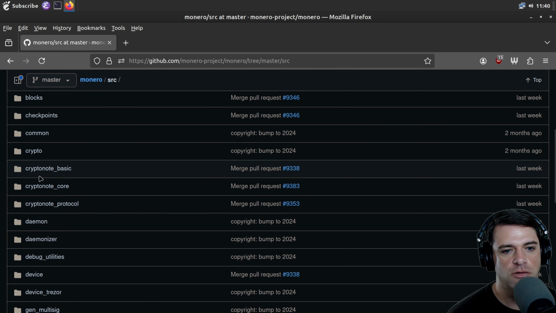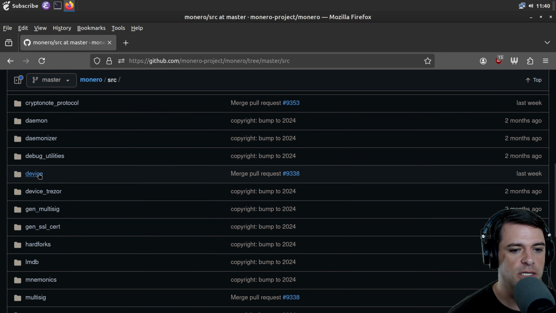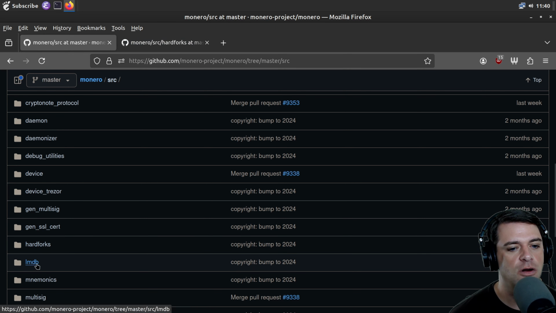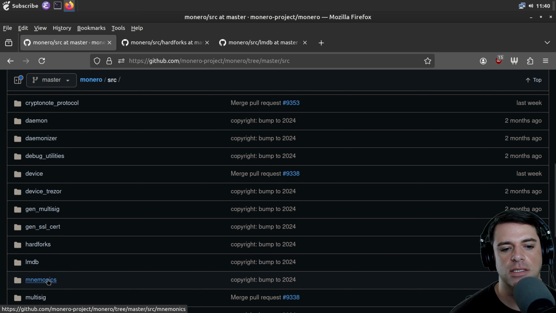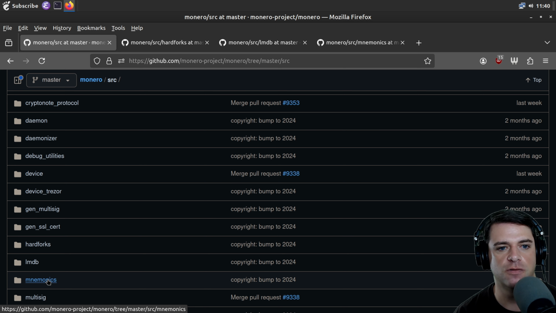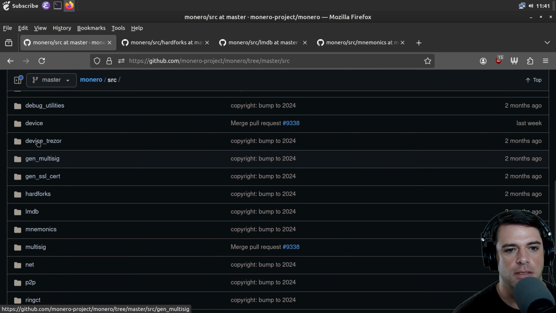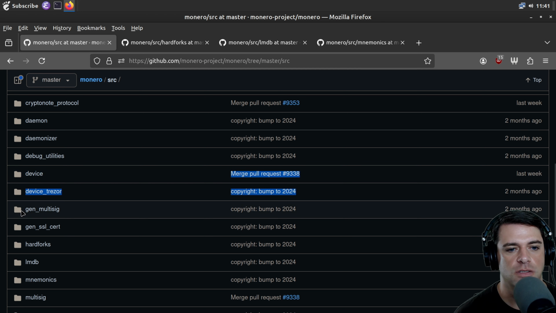We have cryptonote basic, the daemon, the daemonizer, which I guess makes you into a daemon. Hard forks. How do we have multiple hard forks? I don't know. LMDB, some kind of DB, I don't know. Mnemonics, that might be for password recovery, since cryptocurrencies often use mnemonics. Device, Trezor.